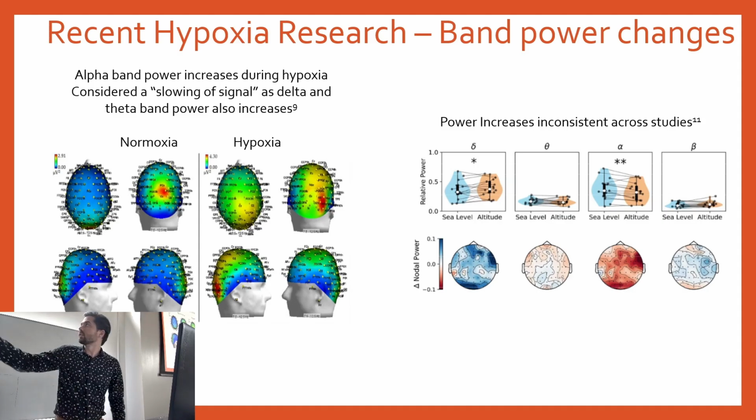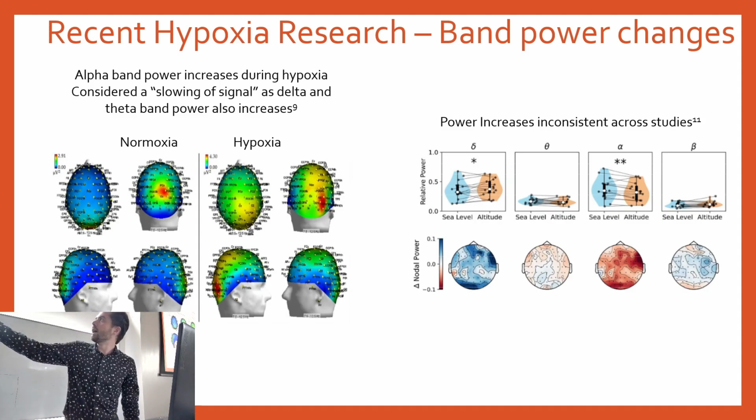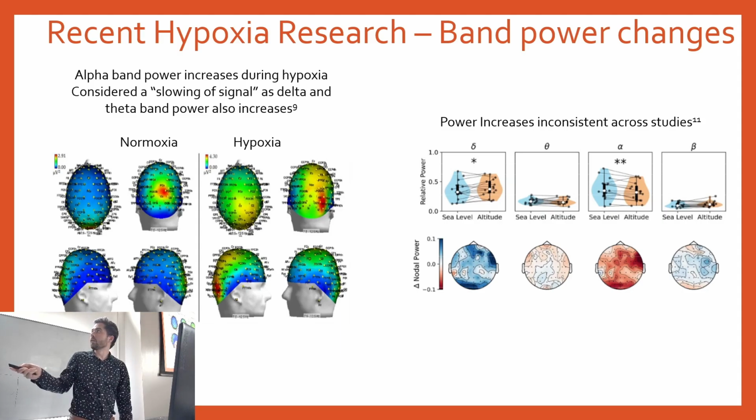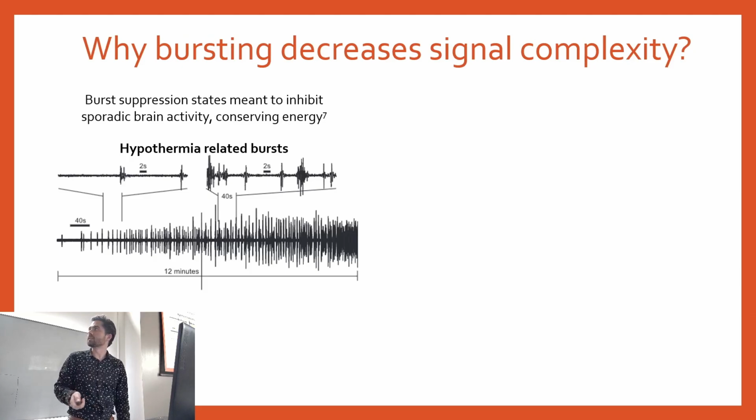Like you can see here, although we see increases in alpha in some studies, not all of them have increases in alpha, and power in general has been shown to be inconsistent across these. Although the delta power almost always seems to increase in these studies. So the slow wave activity increasing during hypoxia.